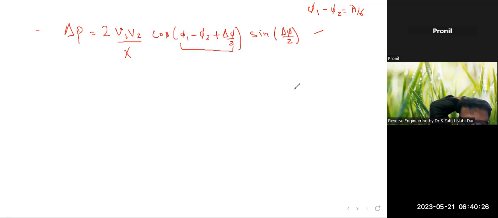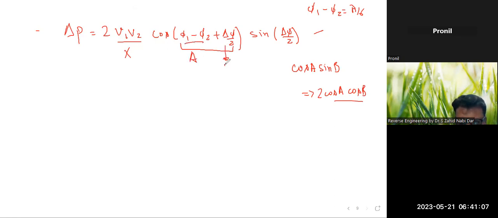If you look at this expression, see, this is in the form of cos A sine B. Cos A sine B is equal to, the trigonometric expression which he has not mentioned here: cos A into sine B you can write as 2 cos A cos B. Now in this expression, this part is the A part, this part is the B part.